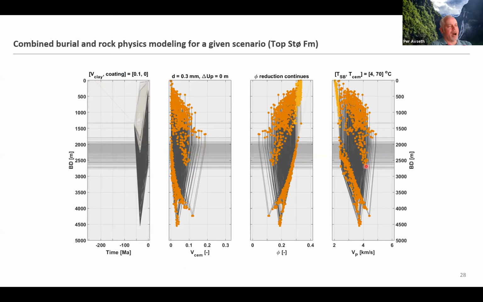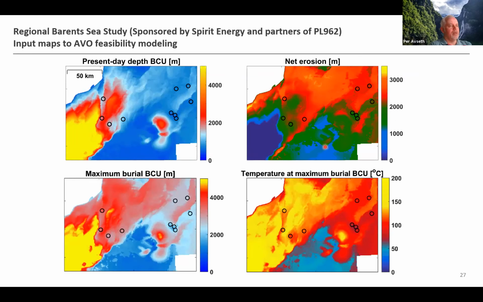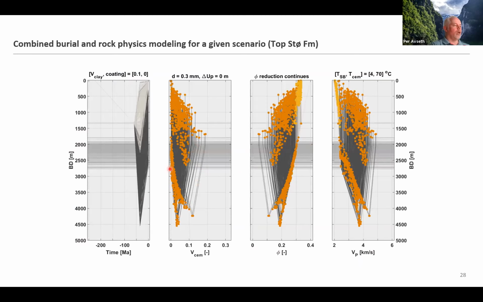So this is a combined Walderhaug and rock physics modeling done at each point of this map. So you see here, the orange dots is just showing the turning point at the maximum burial and the present day points, and then the curves in between. So you see that, yeah, there is some great variability.